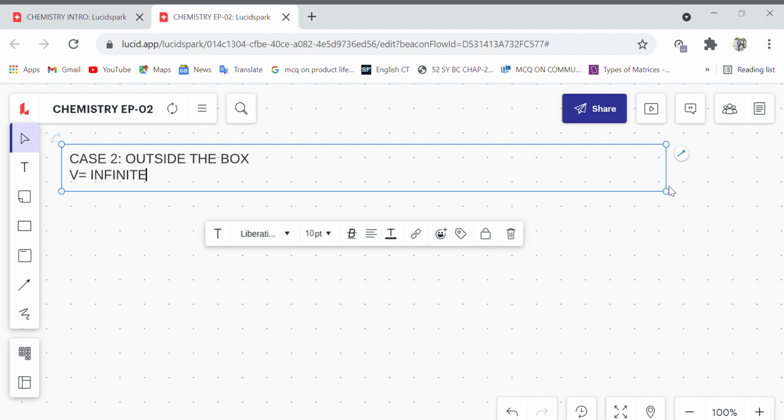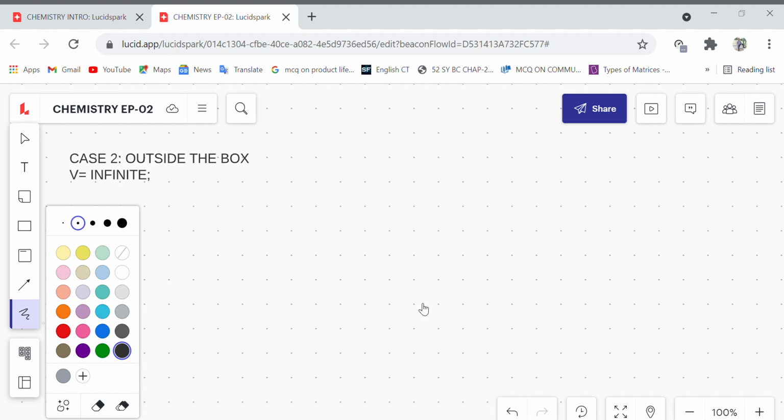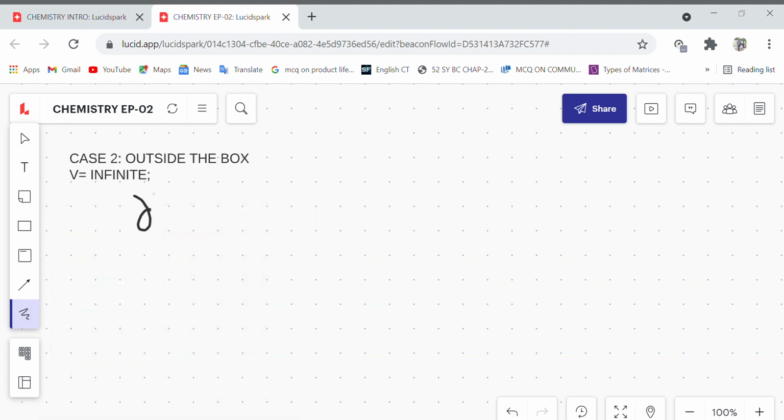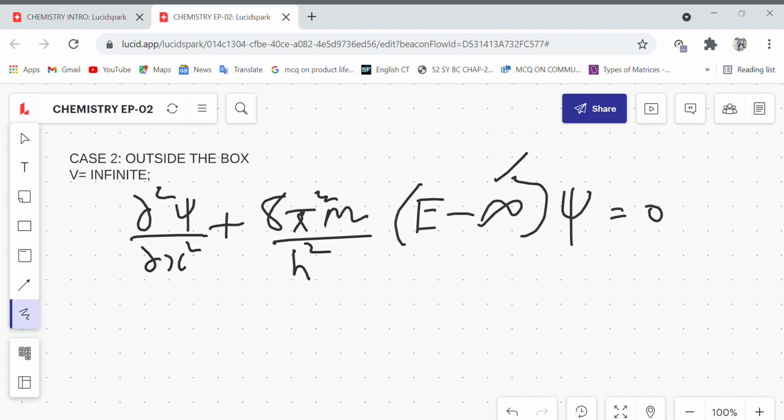As we don't have an infinity symbol, I have written it as infinite. The equation is dou square psi by dou x square plus 8 pi square m by h square E minus infinite whole into psi equal to 0. In place of V, I have given infinite.